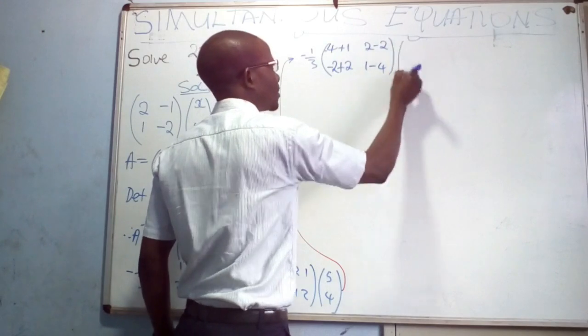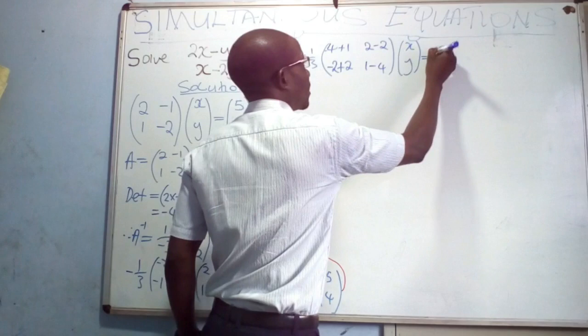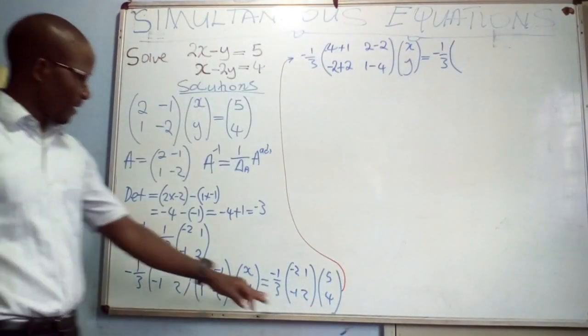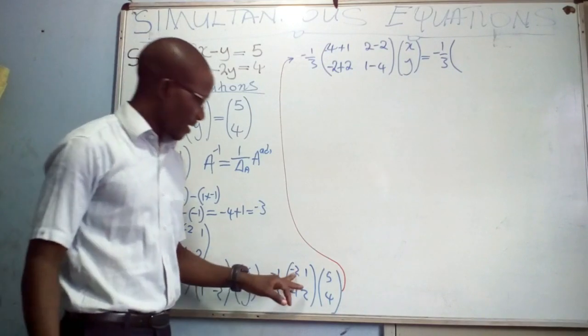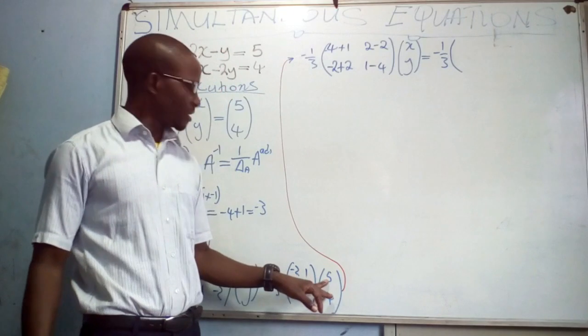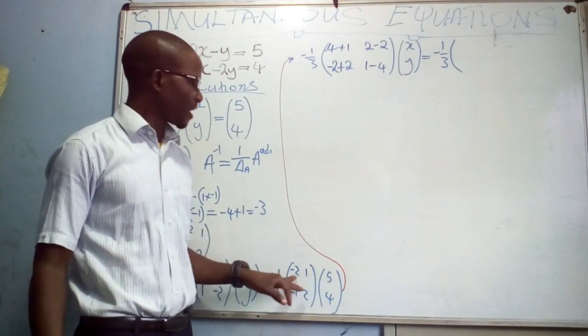We close the matrix, then x, comma y, then equals negative 1 over 3. Negative 1 over 3 is this one here. Negative 2 times 5 is going to give us a negative 10. So we have negative 10.